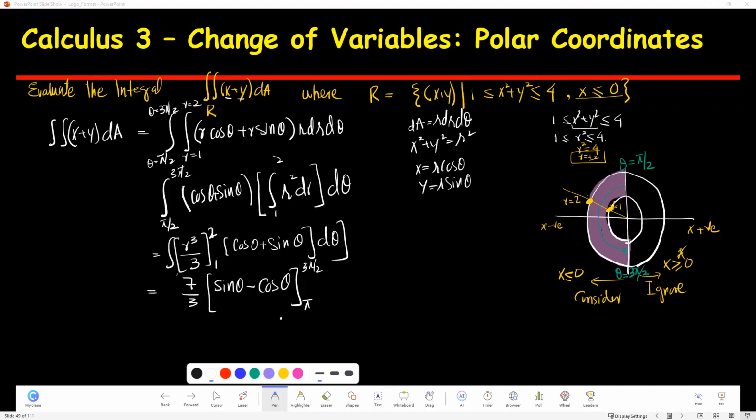If I substitute the values, it's going to be solving. The answer would be minus 14 over 3. This one is only going to be 2, minus 2 pi. So you take the minus 2 here to multiply by 7, and 7 times 2 will be 14 divided by 3. And that is my answer.